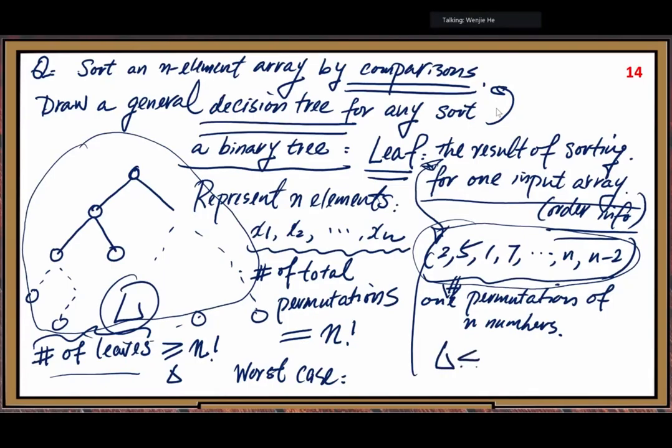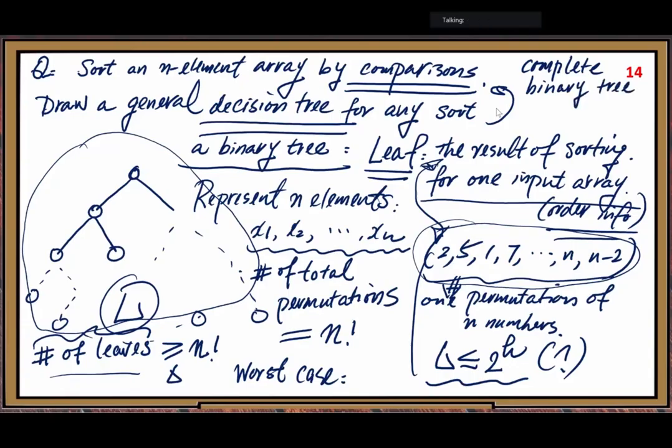Capital L less than or equal to 2 to the h. There is this inequality. So why is that? How to see this inequality? It's very easy. We consider a complete binary tree. You know what a complete binary tree is.